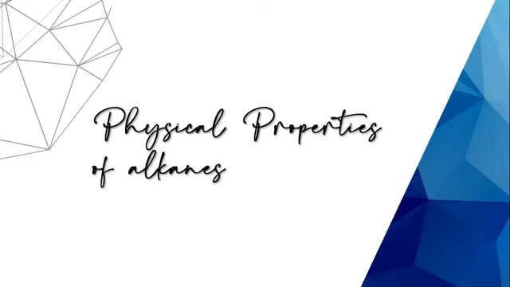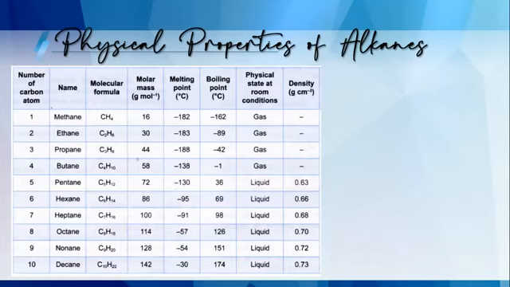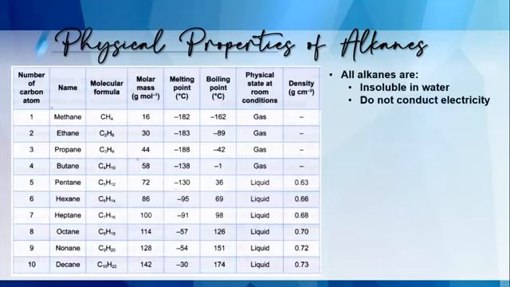Physical properties of alkanes. You can get these from the books, so you don't need to memorize all these numbers. You just need to know the trends. Some properties, for example: alkanes are insoluble in water and do not conduct electricity.